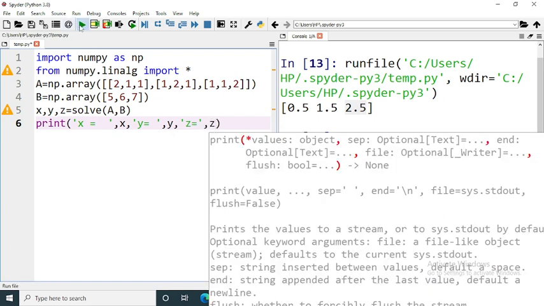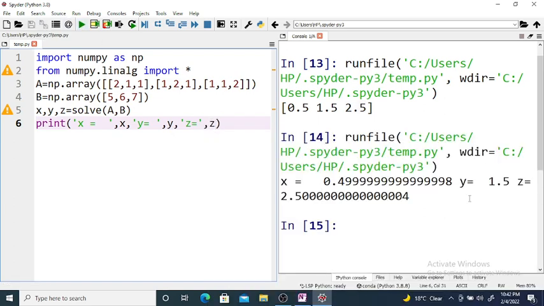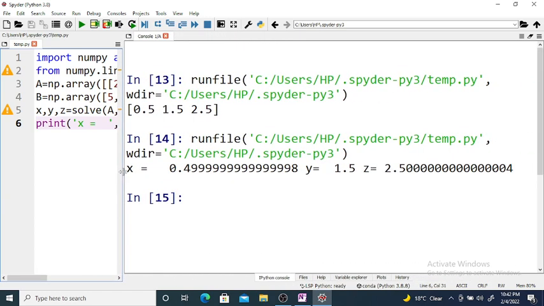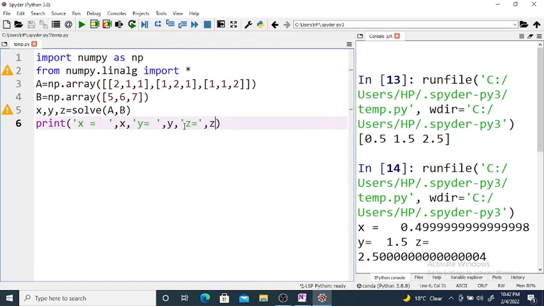Then we get the values of x, y, and z. You can check here: x is 0.5, y is 1.5, z is 2.5.